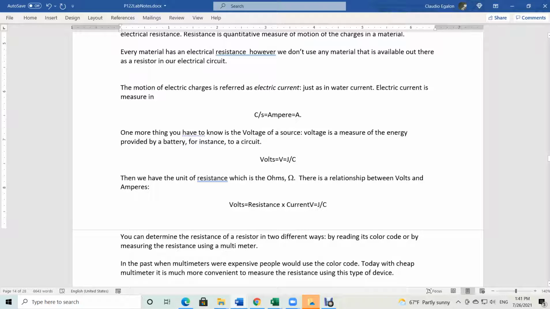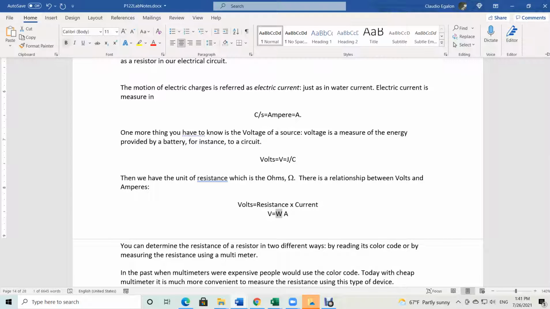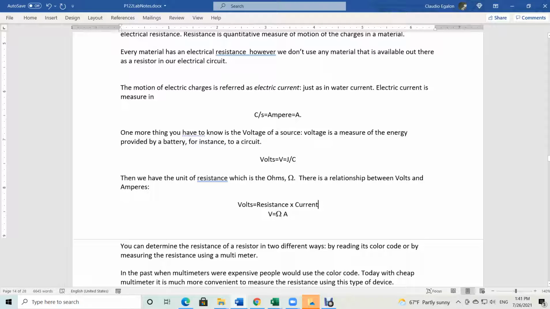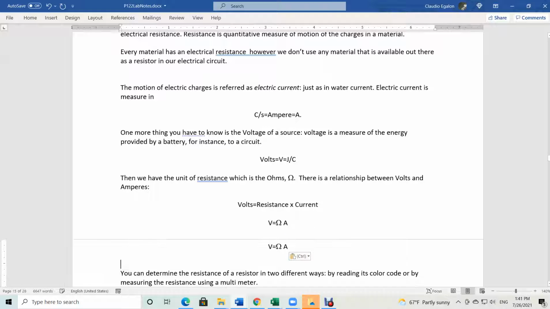In terms of units, volts is equal to ohms times amperes. So if you want to know how ohms relate to voltage and the other things, you have to solve this equation here.